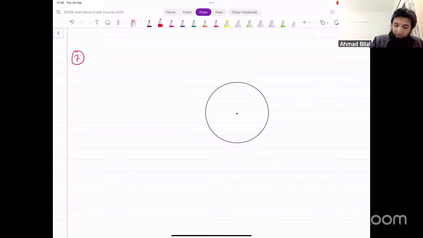Tangents coming from a point outside a circle.